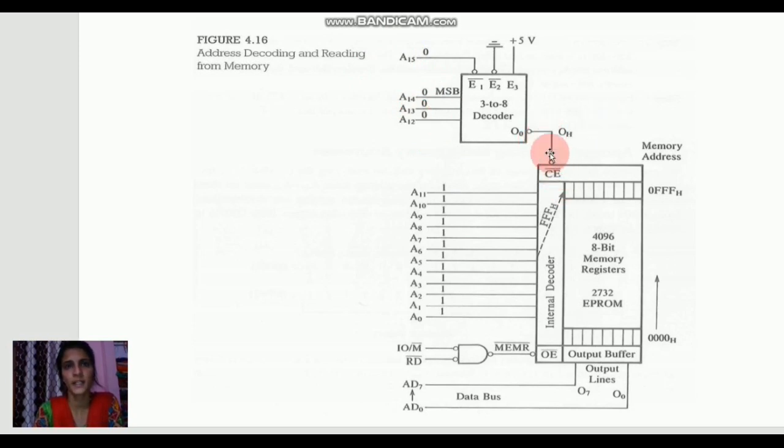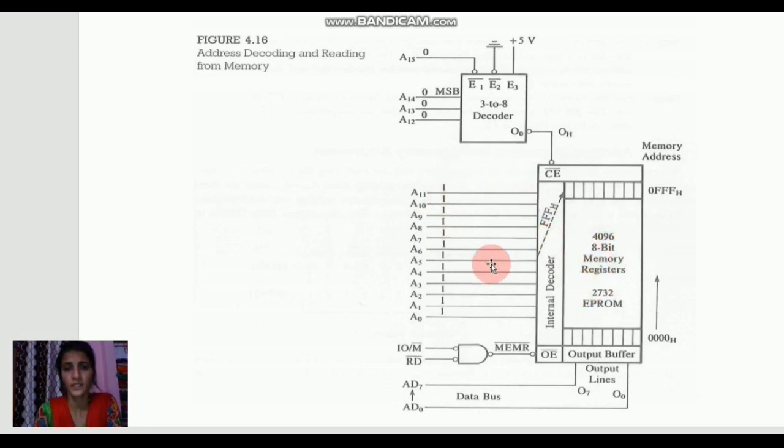This is done by the 3 to 8 decoder. Depending on A11 to A0, which are the remaining 12 address lines, one of the 4096 locations should be chosen. To accomplish the same, there is an internal decoder inside the EEPROM chip. It decodes and selects one of the locations, like the example we have taken, 0111H.